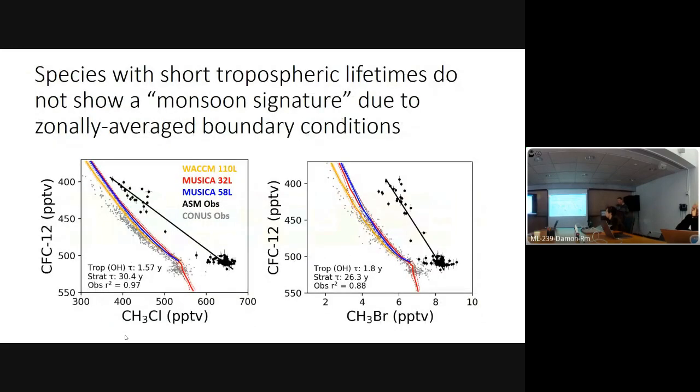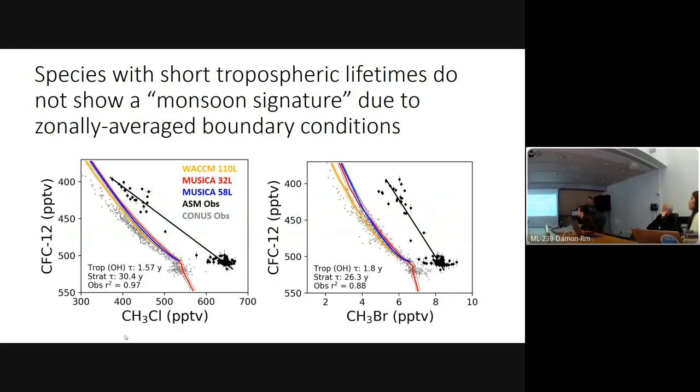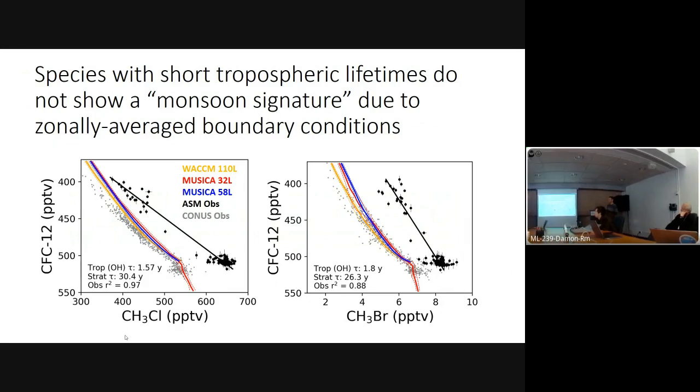One of the things that we looked at: these are two species, methyl bromide and methyl chloride, that seem to perform particularly poorly in their representation. What we've elucidated here is that a lot of the species we've looked at for the StratoClim data are simulated in the model using a zonally averaged mole fraction boundary condition.